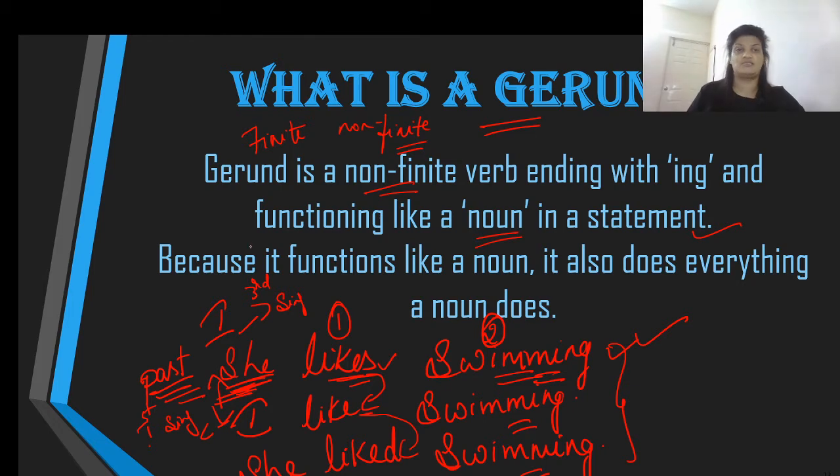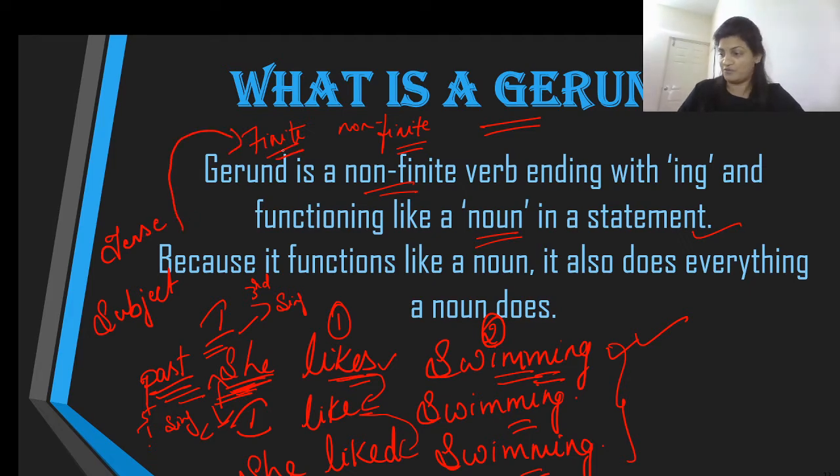So this gives us the clarity on when the verb changes with the change of subject and with the change of tense, then we call those verbs finite verbs. And when the verb remains the same, when the verb doesn't get affected by the change of subject or tense, then you call that non-finite.